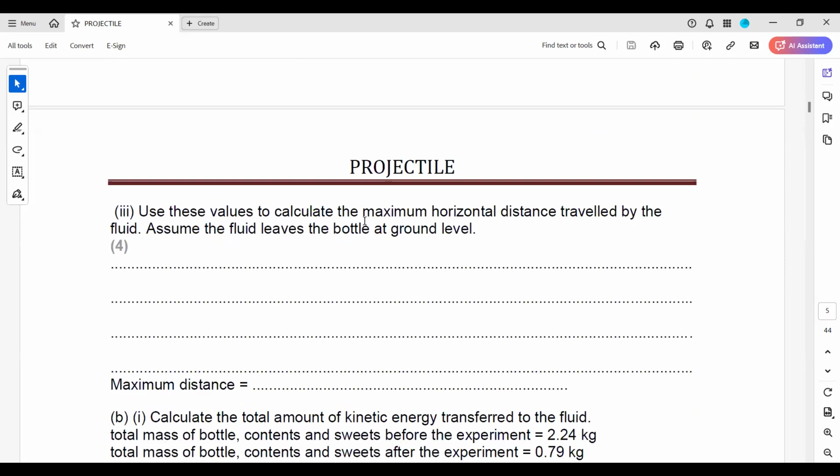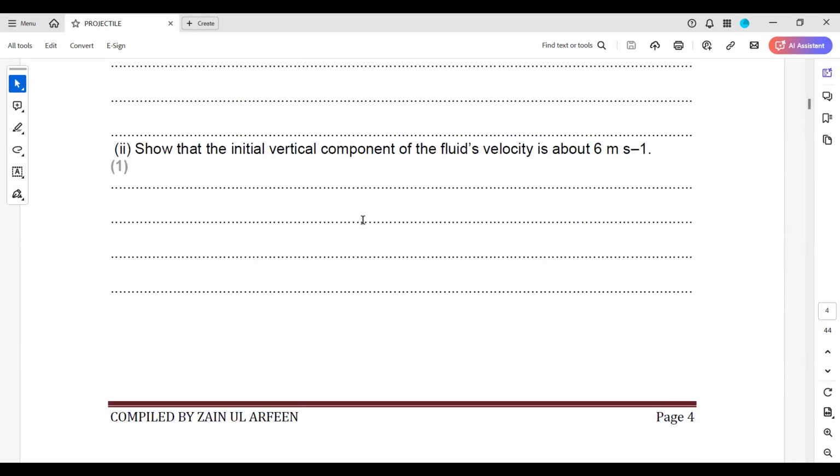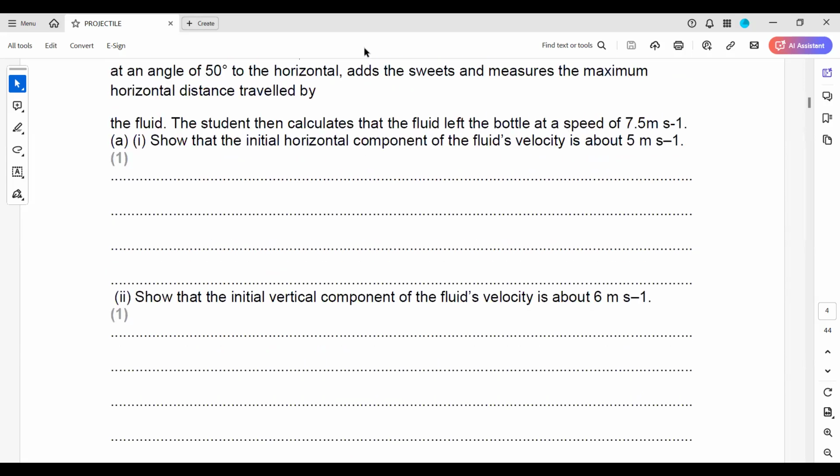Use these values to calculate the maximum horizontal distance traveled by the projectile. So we have the horizontal component of 5 and the vertical component of 6.